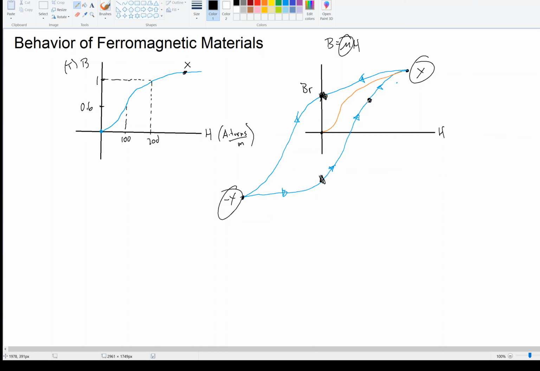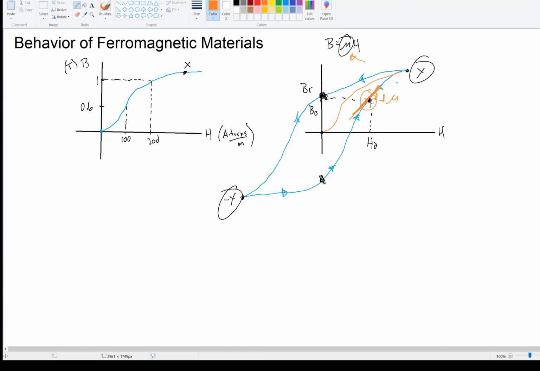In analog electronics, we would call that the operating point, but maybe you're here at some specific H and some specific B. Then you would use calculus and find the tangent, the slope of the tangent line there, because in that neighborhood, B and H are approximately linear, proportional, and so you look at the slope of the line, and that is what you would call the permeability of silicon steel at that point. But since the slope changes, the permeability changes, and we have a non-linear relationship between B and H.